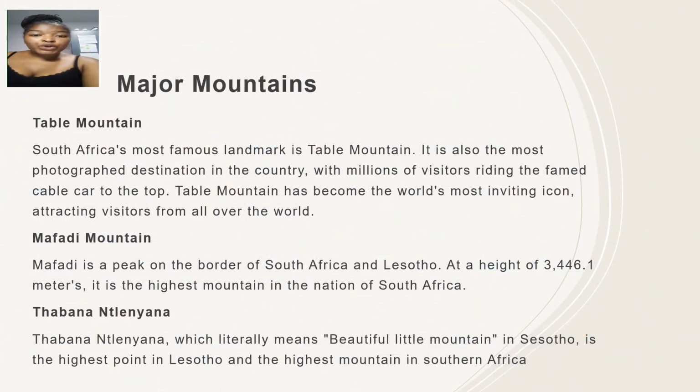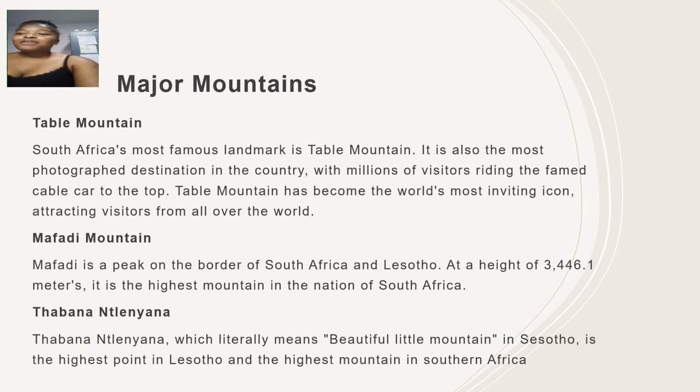And now we look into major mountains. We are going to look at 3, which are the most well-known and famous major mountains in South Africa. Take a wild guess. The first one is Table Mountain, which is South Africa's most famous landmark.